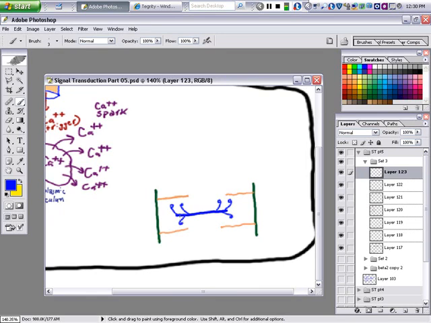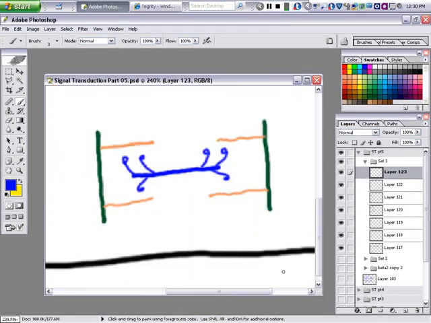So we have a sarcomere here. I'm going to go ahead and label a few things. This entire structure is called a sarcomere. That's a contractile unit of skeletal and cardiac muscle. A sarcomere. And so there are lots of these sarcomeres just connected to one another.